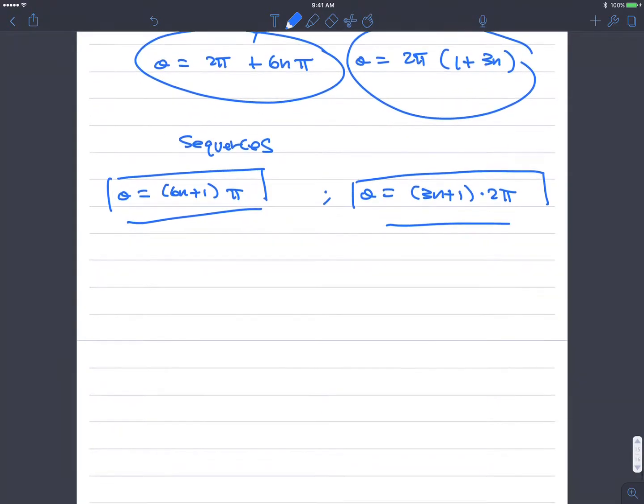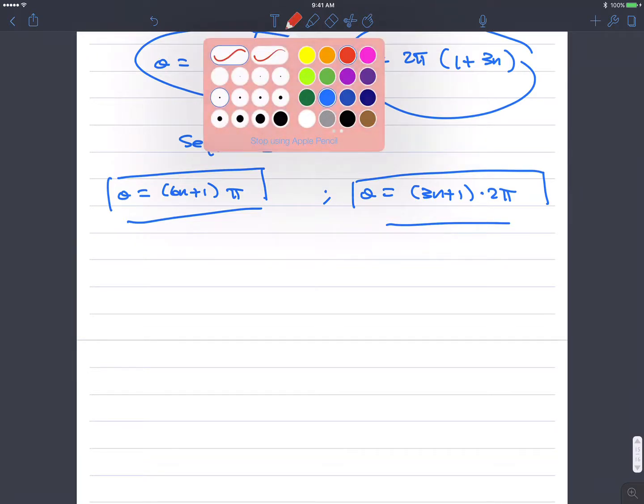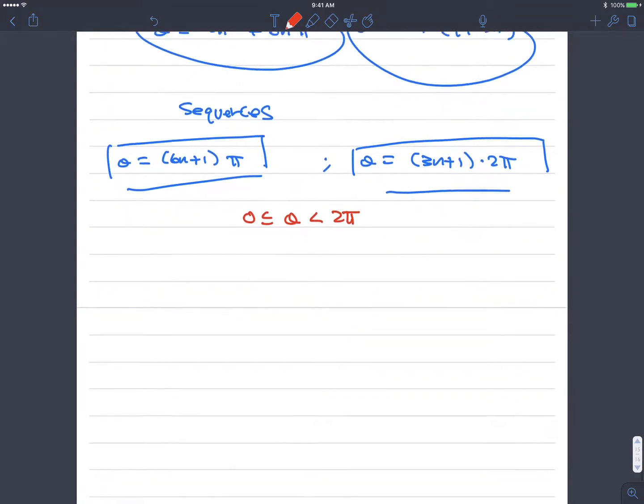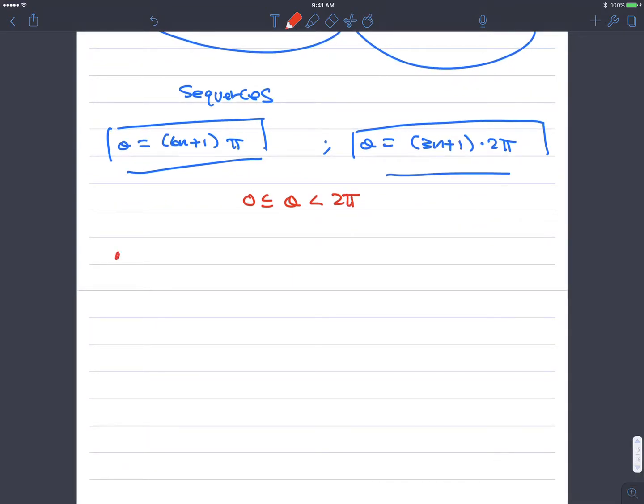Go through the same process if you want to generate now the particular solutions, or let's just say the solutions that are in a restricted domain from 0 to what? 2 pi. You're going to use the sequence formula. N is 0 for the first one. What's the angle? Pi.